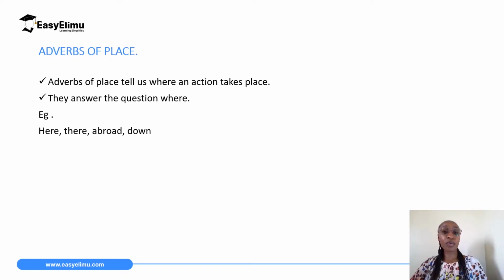We can now proceed to adverbs of place. So what is an adverb of place? An adverb of place is an adverb that tells us where an action happened or where an action took place. An adverb of place answers the question where. So if you're asked, where are you going?